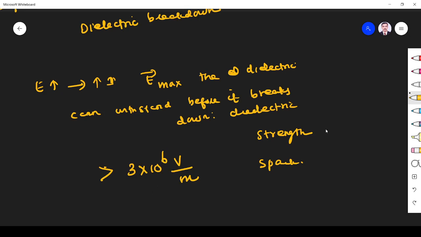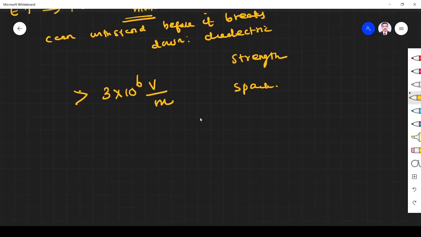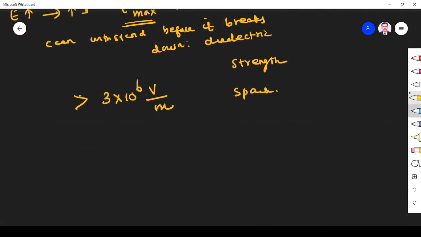The unit is volt per meter for dielectric strength because it is nothing but a maximum electric field. Whereas the dielectric constant is given by epsilon by epsilon naught, or we can say kappa equals E external by E total.